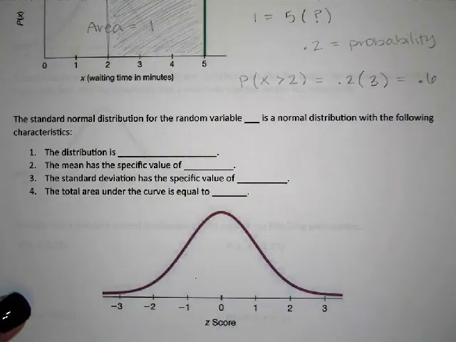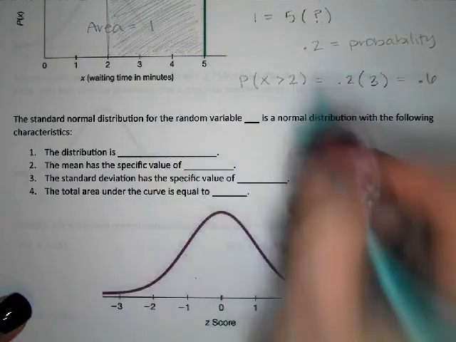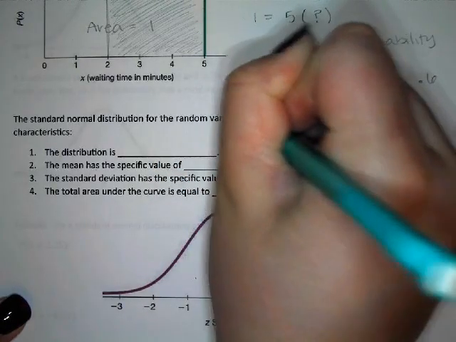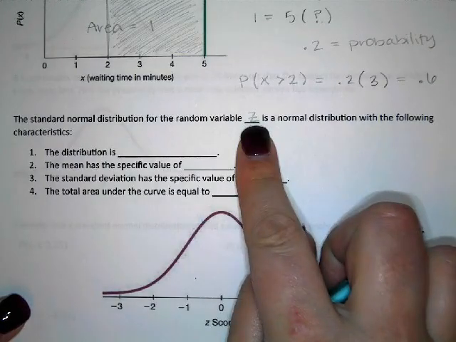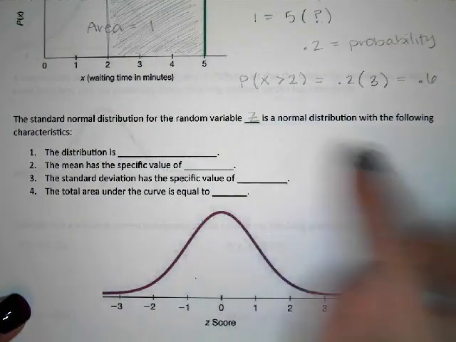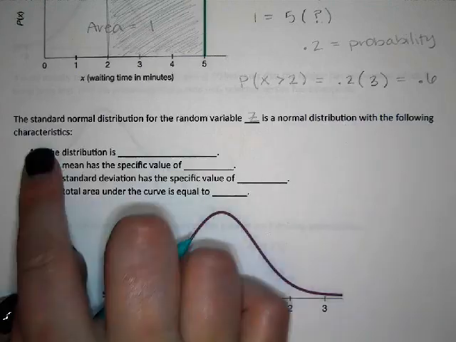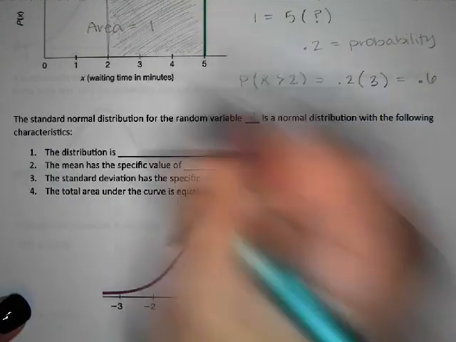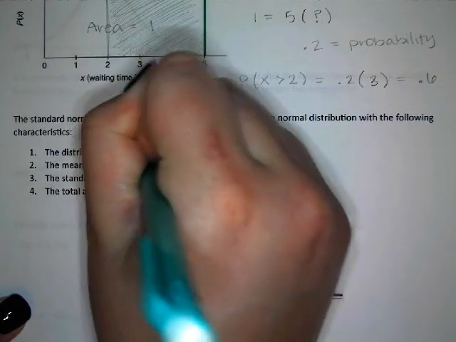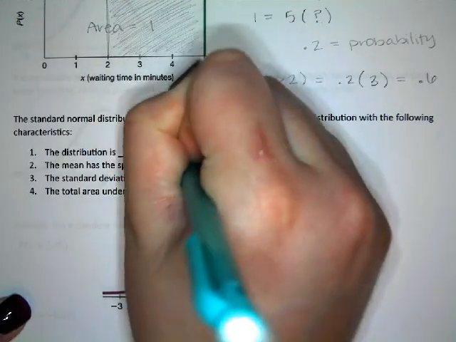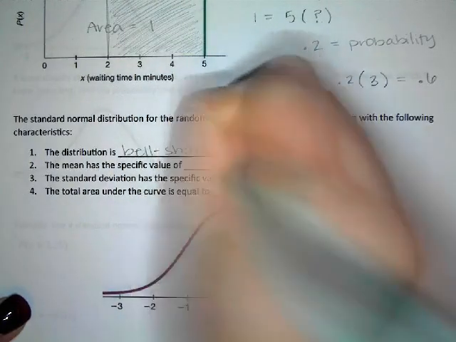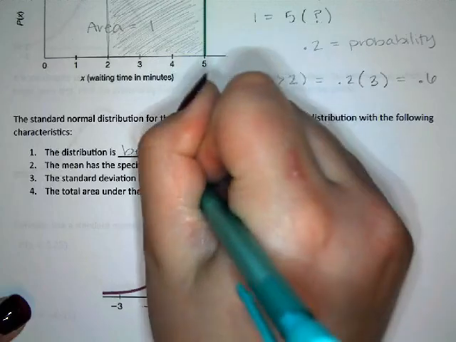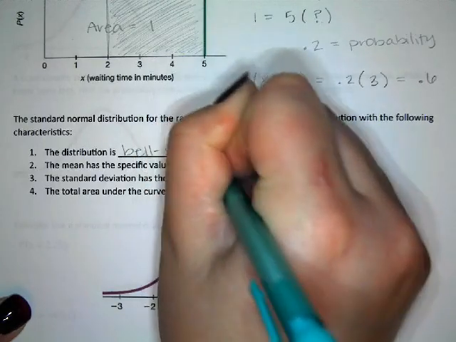All right, next we have the standard normal distribution, which is for the random variable z. That's because z-scores use the variable z, and it's a normal distribution with the following characteristics. The distribution is bell-shaped. The mean has a specific value where mu equals 0.